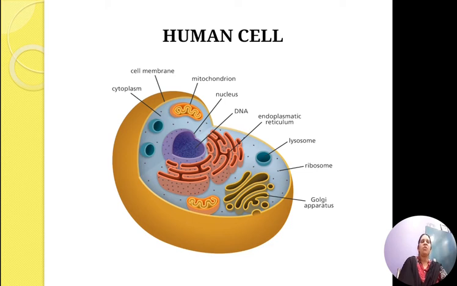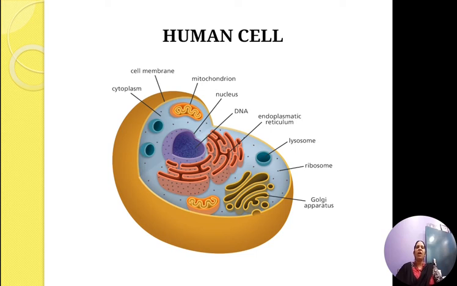Cells are composed of various cell organelles. They perform specific functions to carry out life's processes. The different cell organelles along with their principal functions are as below. The nucleolus is the site of ribosome synthesis. The nucleus is involved in controlling cellular activities and cellular reproduction.